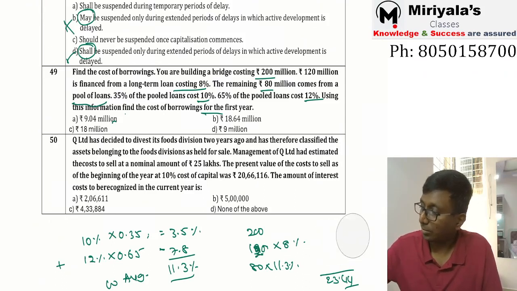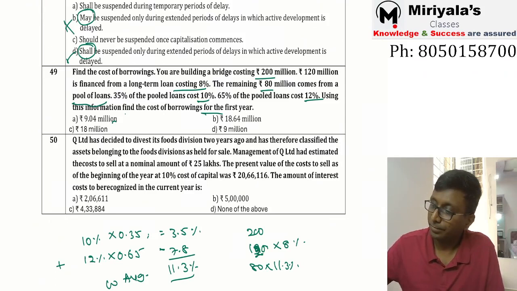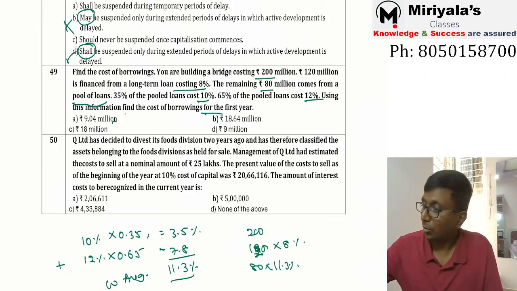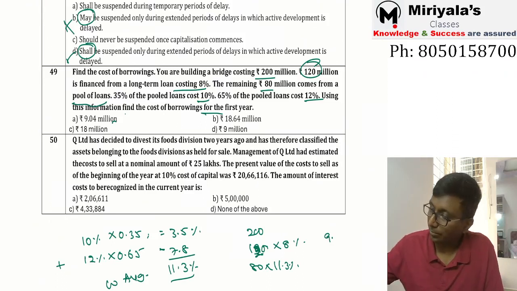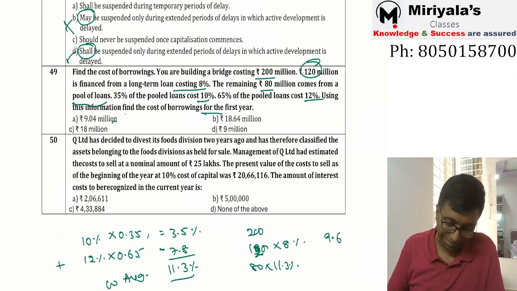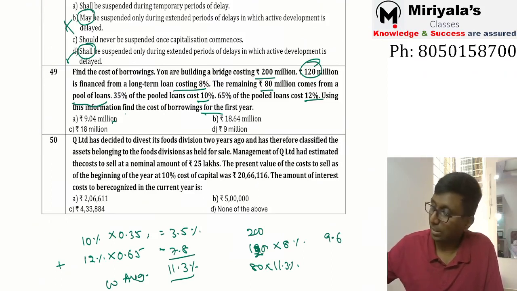That is the mistake. 120, correct, no? Here 120 million. Yeah, 120 into 8 percent, 9.6 will come. Yeah, 80 into 11.3 percent, that is 9.04. That is 18.64. Yes, this is 18.64. Correct answer.